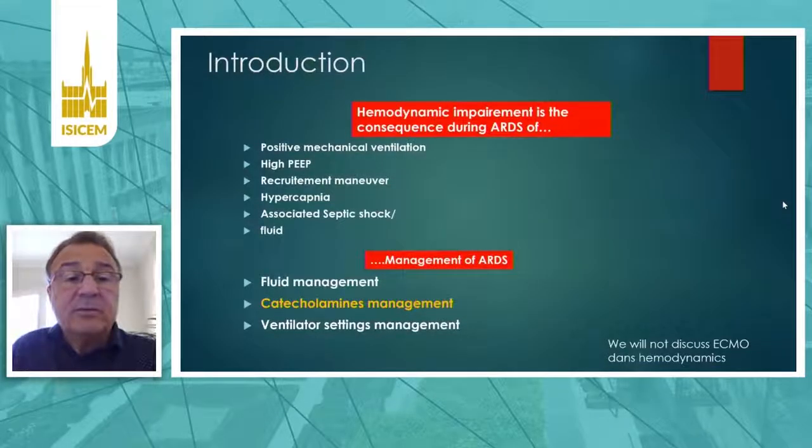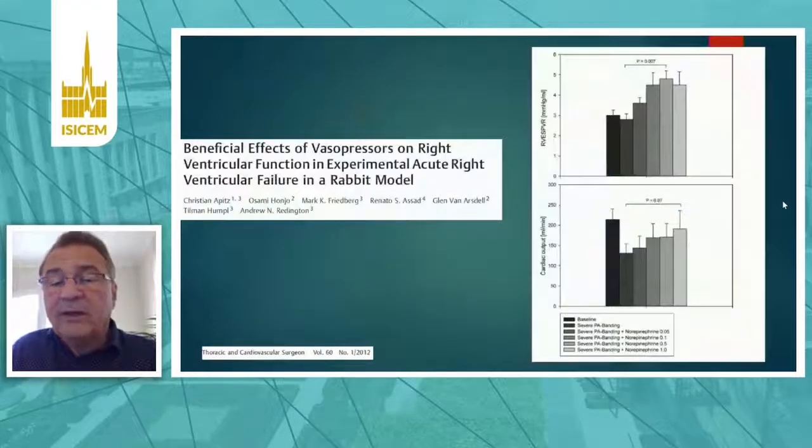Regarding catecholamine management, we have very little evidence, but most of the experts advise using a vasopressor such as norepinephrine, as was demonstrated in this animal study, improving the systolic function of the right ventricle.